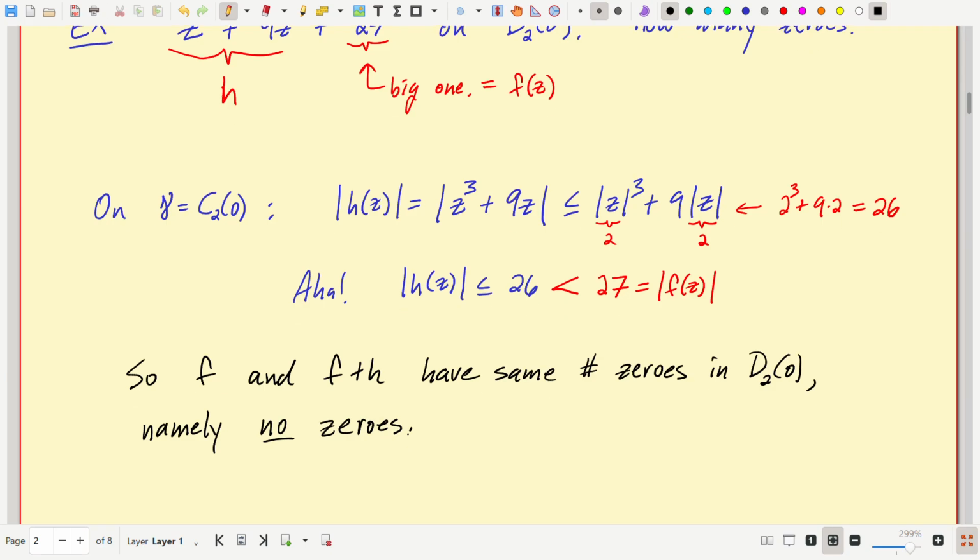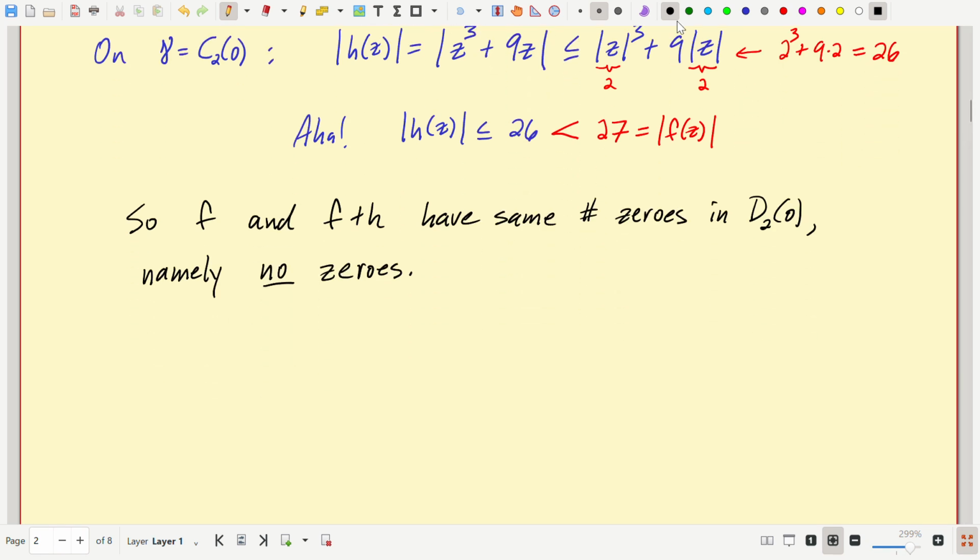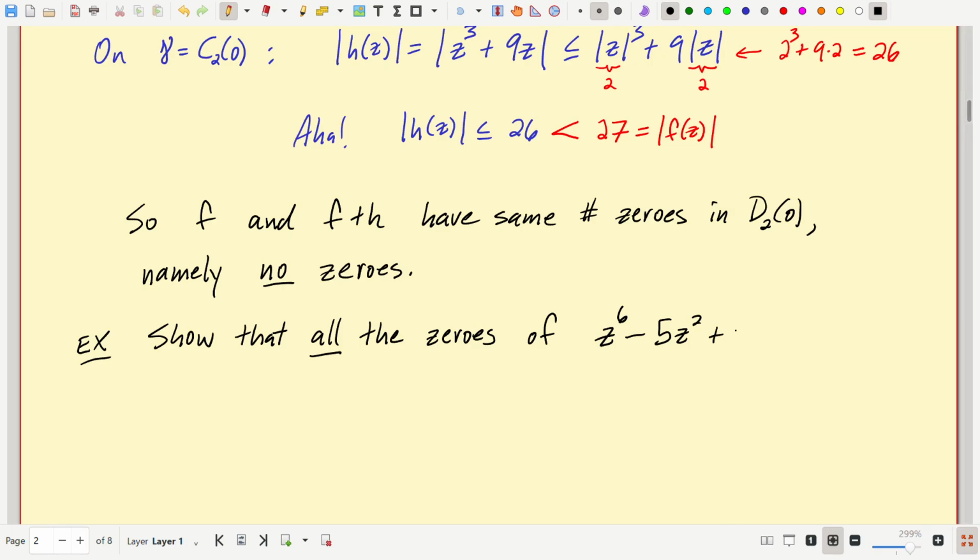Let's see, another example. You'll have some homework problems like this. Let's show all the zeros of z to the 6 minus 5z squared plus 10 fall in the annulus of z such that 1 is less than the modulus of z is less than 2.